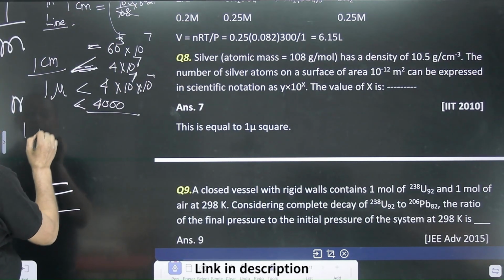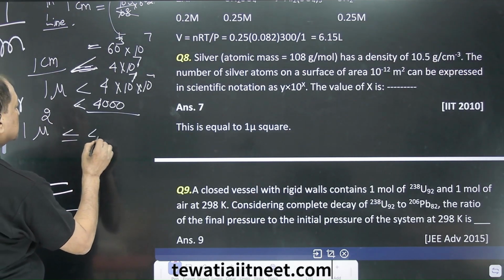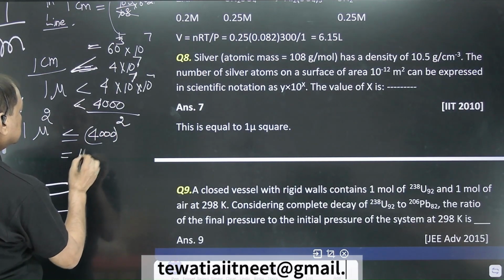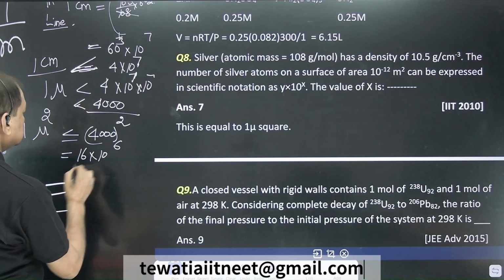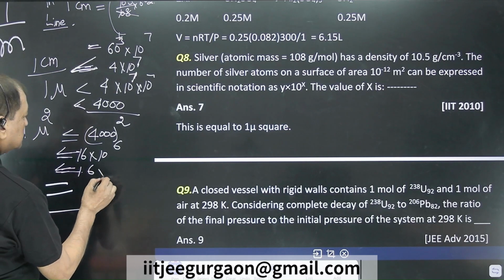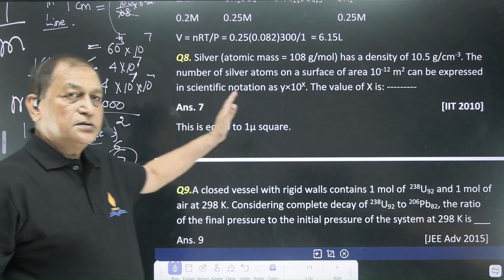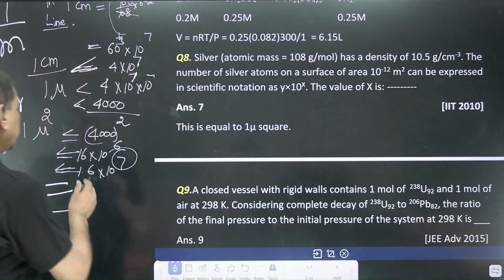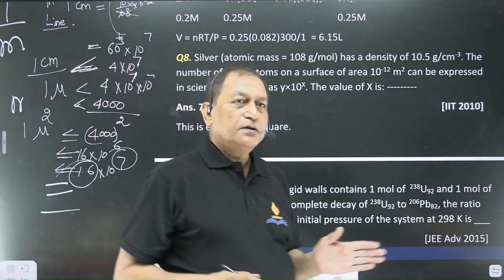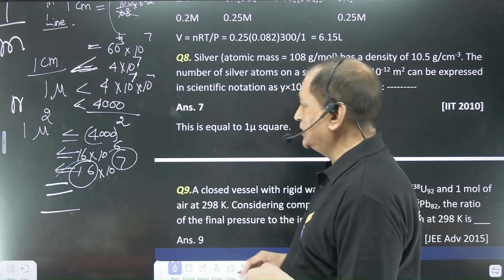So in 1 micron square they will be less than 4000 square, 16 into 10 raised to power 6, that is 1.6 into 10 raised to power 7. So 7 is the answer. It may be 1.6, it may be 1.5, 1.2, 1.1. No need to worry about that error, because we are not bothered.